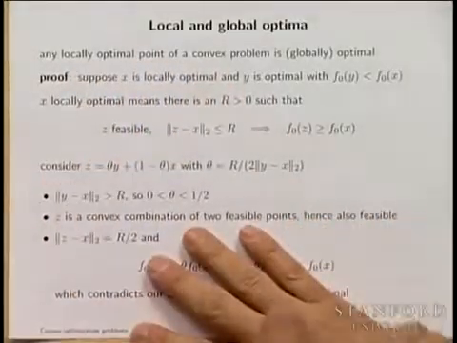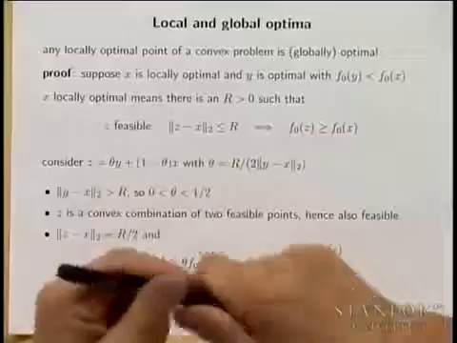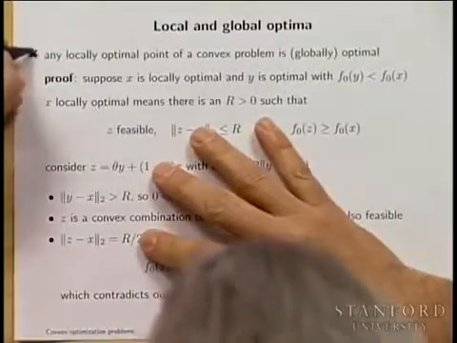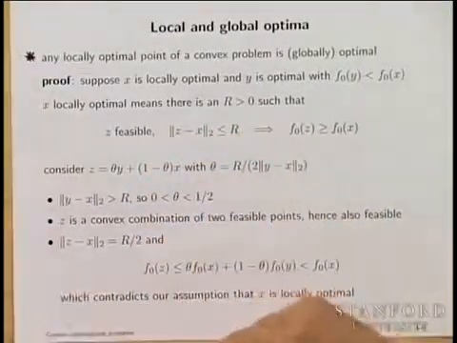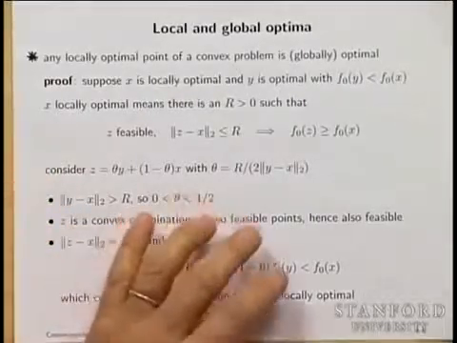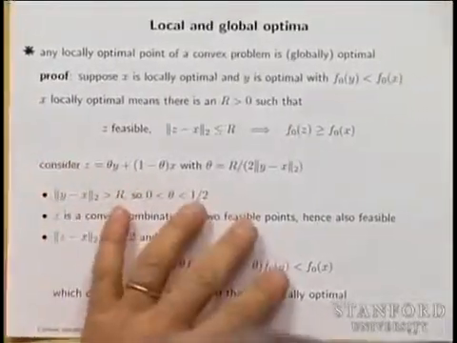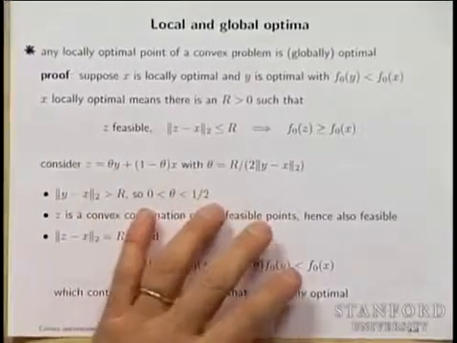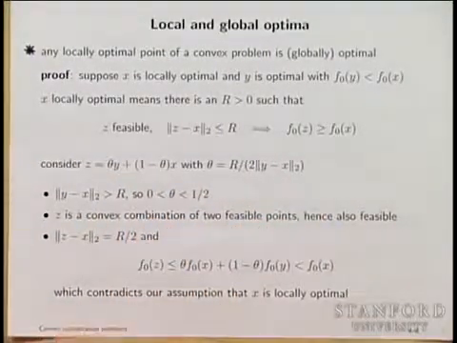So let's say a little bit about local and global optima. If you have a locally optimal point of a convex problem, it's globally optimal. This is, by the way, the kind of thing that people on the street would know. This is the basic thing you'd know about convex optimization, and variations on it. And it's actually very impressive if you think carefully about it, right?